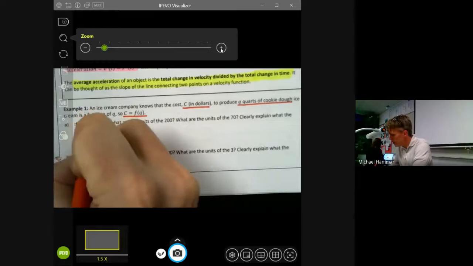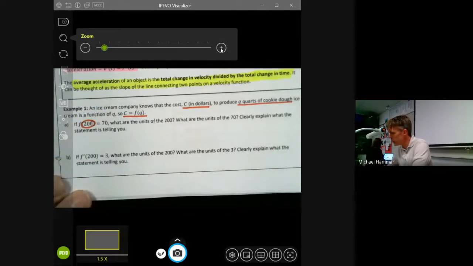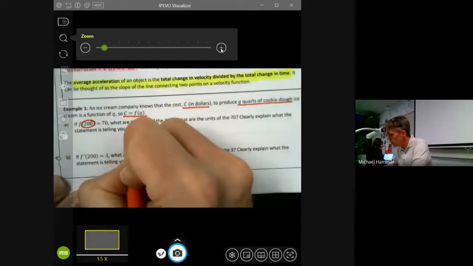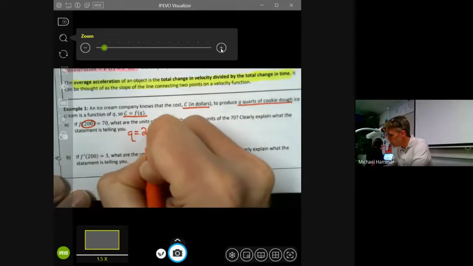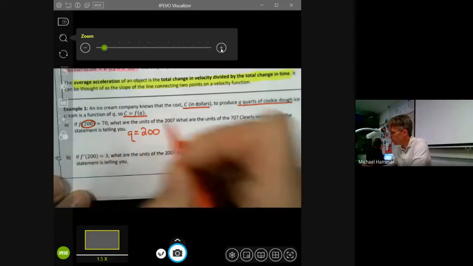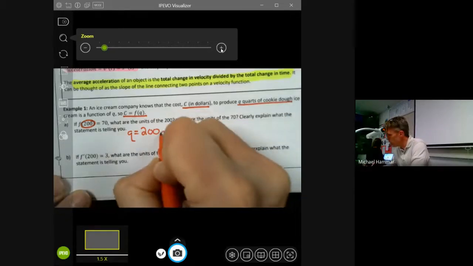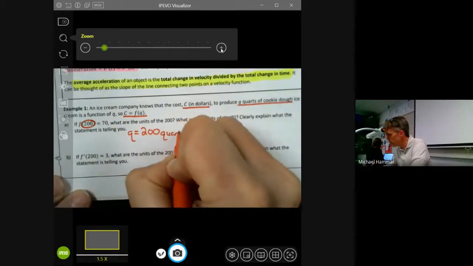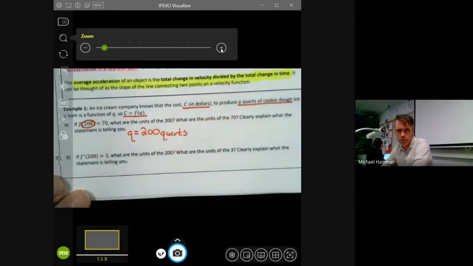Take a look right here. The 200 represents the Q, so Q is equal to 200. What then is the label if Q is the 200? That's going to be quarts. So the 200 is quarts.